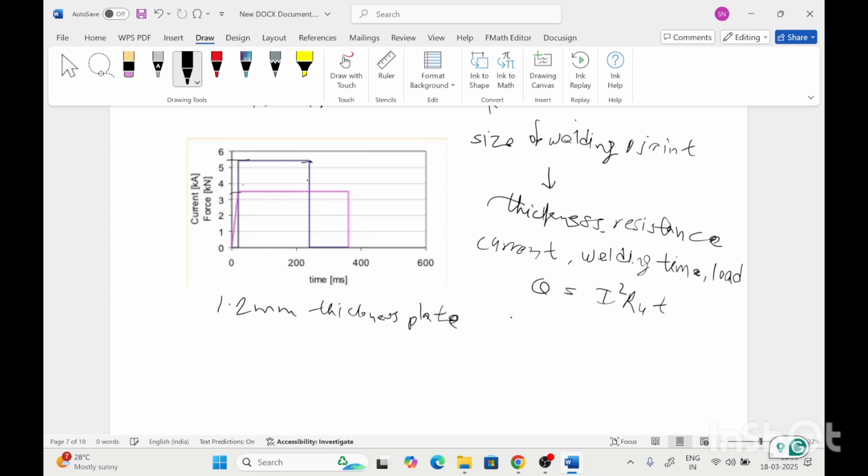Then the current is decreased, and the force remains constant for some time to cool and solidify the molten metal at the interface, forming the welding joint. This process takes only around 340 milliseconds, so this is a very fast process.